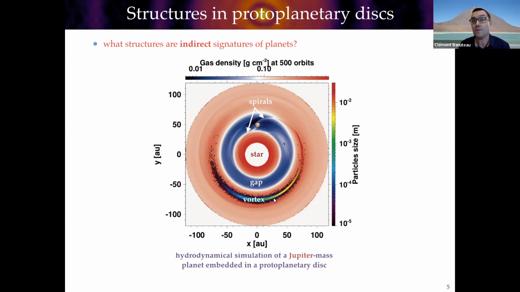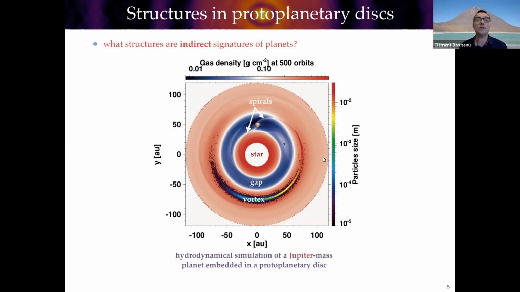And this is what you can see with all these tiny colored dots, which show the position of dust particles of different sizes, as you can see with the color bar on the right-hand side. So again, we see spirals, we see a gap, we see non-axisymmetric structures. Somehow this is really reminiscent of the structures that I've shown you in the disk's emission, in the dust and the gas.